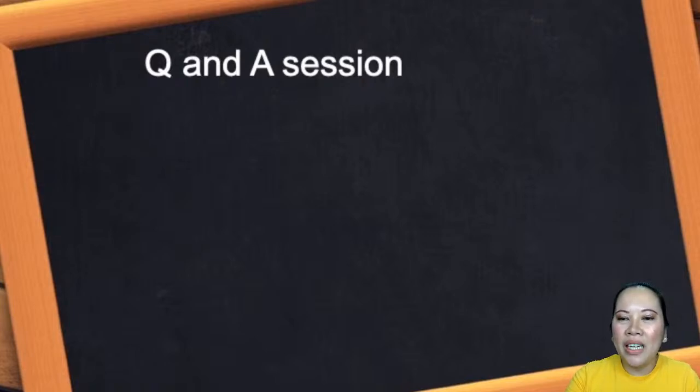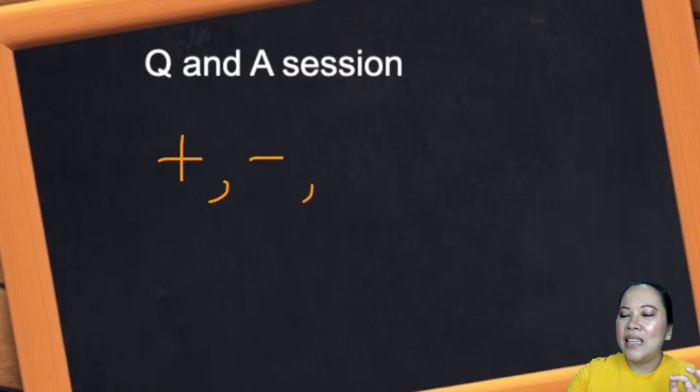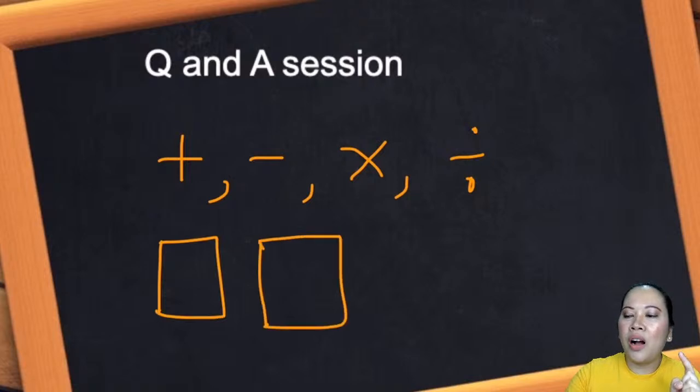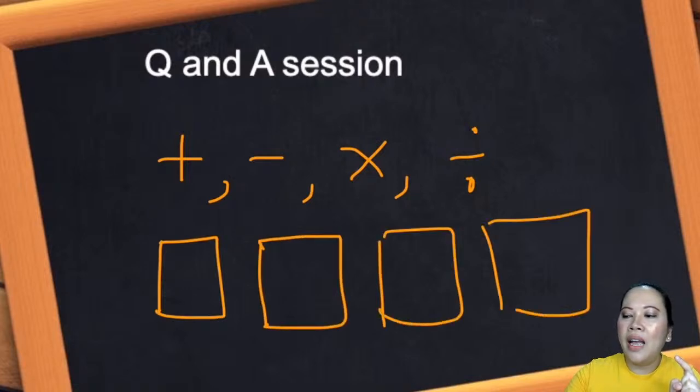So the 24 card game, again, we only use the operations plus, minus, multiply, and divide. Four operations, and you can only use those. I will be showing you four playing cards, and you can only use each card once.